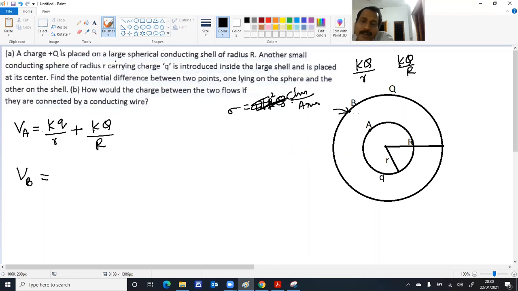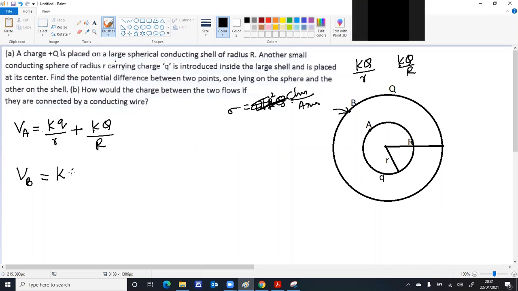Potential on B due to A, so it'll be outside. Which formula do you use? KQ by R. Which Q, which R? Who is producing the potential?